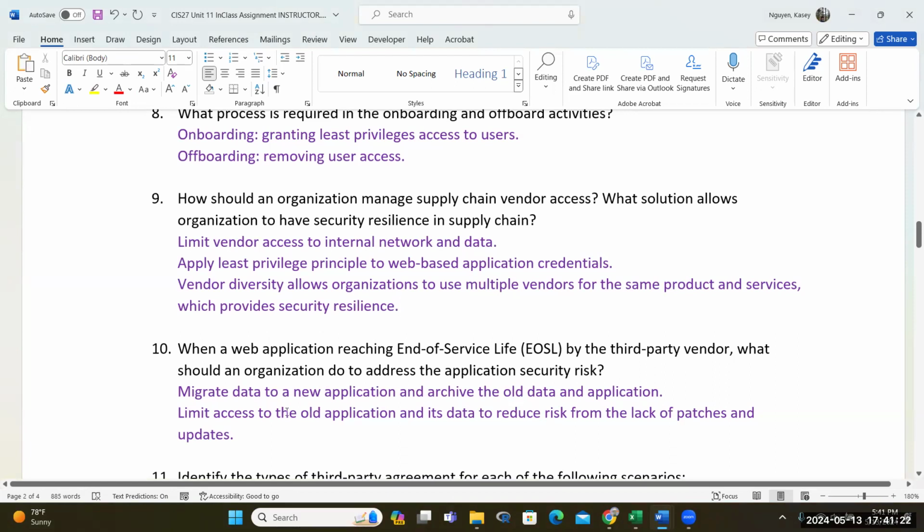Number one, you need to take that data and bring it into the new application. This usually presents a challenge for us because sometimes data works with a certain type of system. So you've got to make sure that the data is compatible with the newer system. So you're going to take the old data and archive it, and you're going to take your currently used data and put it into a new application.